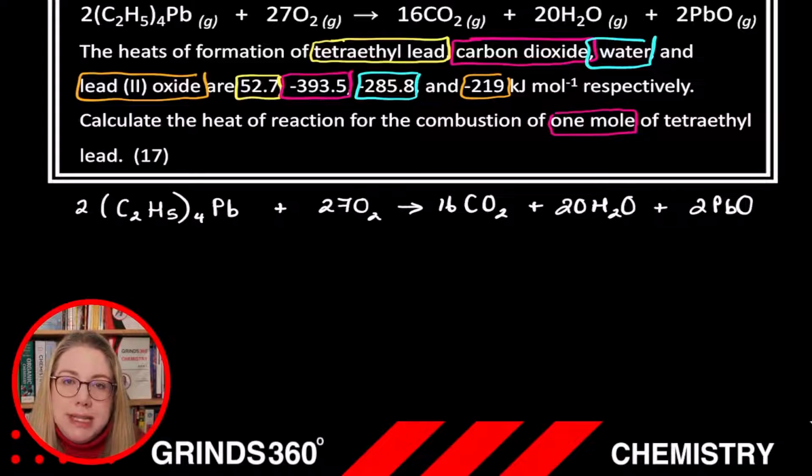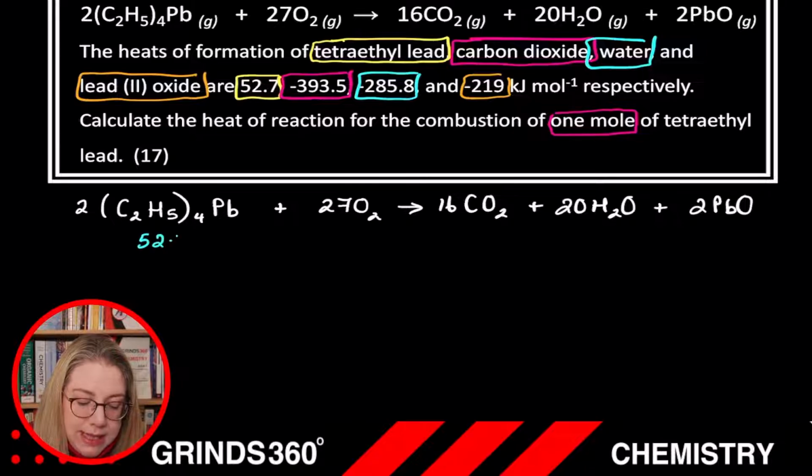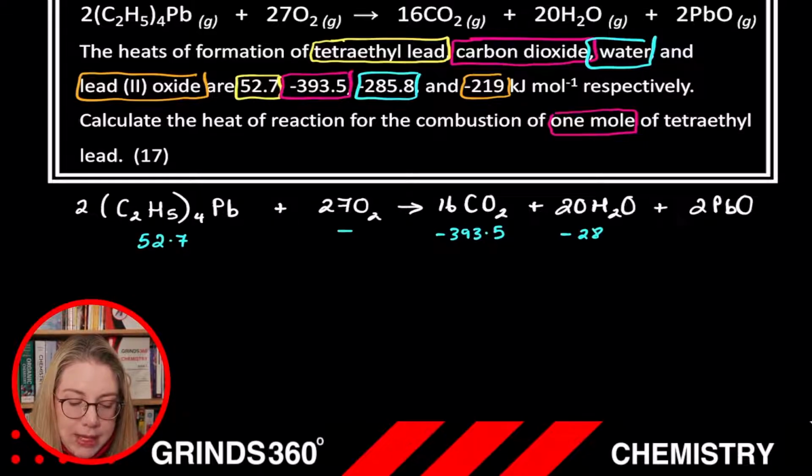Right, so there's my balanced equation with quite large numbers, so we've got quite a bit to do here. So I'm going to take the numbers that I highlighted in the question and fill them in underneath. We've got 52.7 under the tetraethyl lead, nothing for the oxygen because it's 0. Then we have minus 393.5 for the carbon dioxide, minus 285.8 for the water, and minus 219 for the lead oxide.